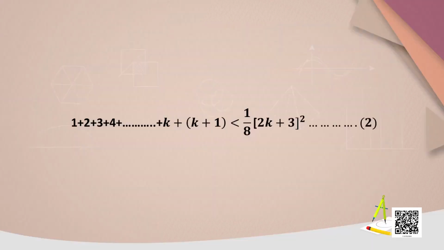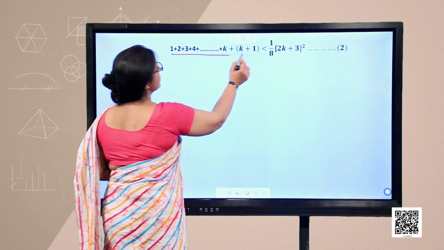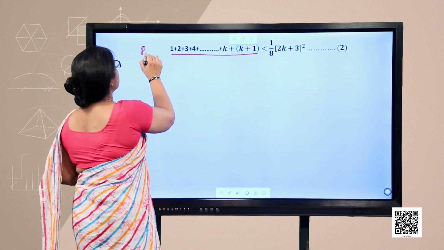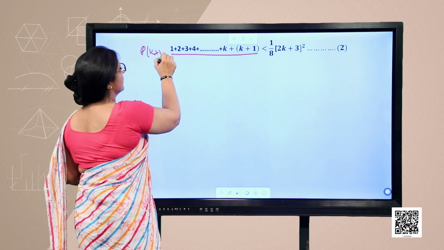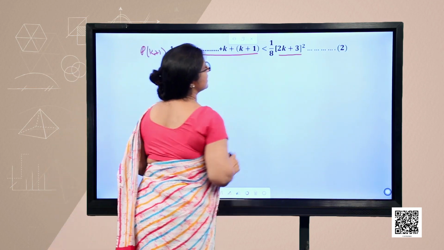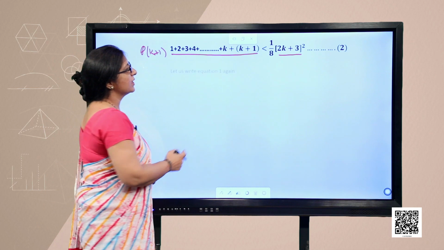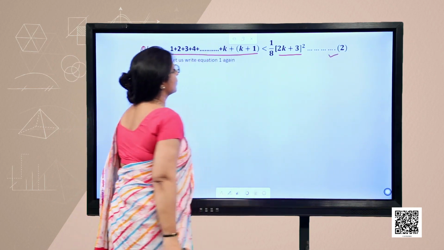Now, as you can see in this expression, this part is till the kth term. We have already shown that this is less than 1 by 8 into k plus 1 to power 2. Now, moving on, we have rewritten the statement for Pk plus 1 and we need to establish that this is the expression we need. We have taken this as equation 2.